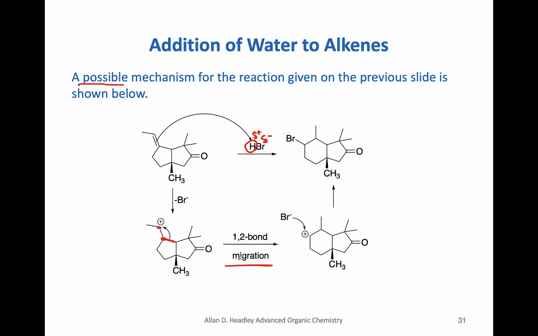And of course the bromide nucleophile can now react to give this as the product, and this is in fact the unexpected product based on this ring expansion right here caused by the bond migration.